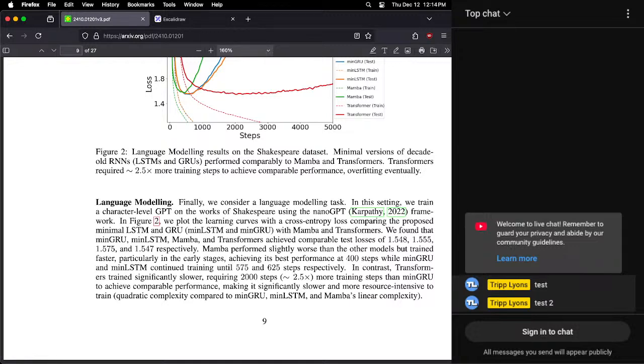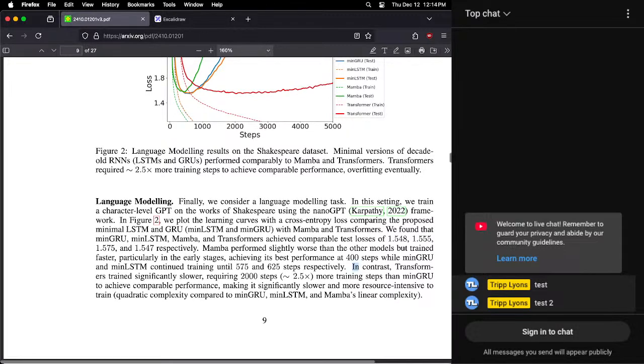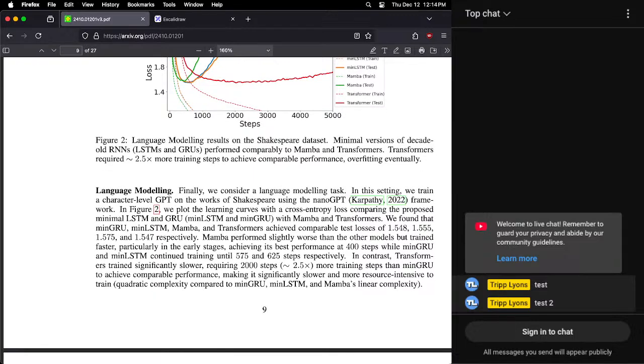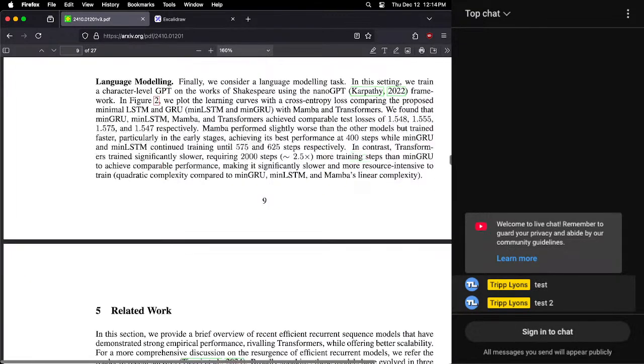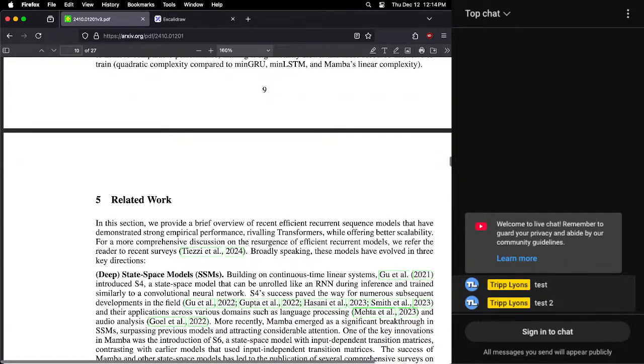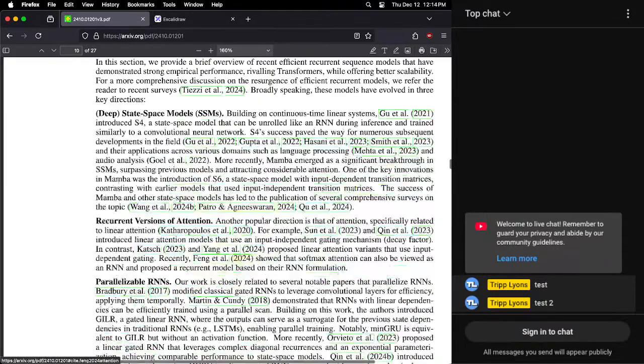Let's see. And they say transformers were significantly slower, requiring 2.5 times more training steps than their min GRU. So that's a big speed up, and it would also be a big inference difference. I could skip over this maybe.